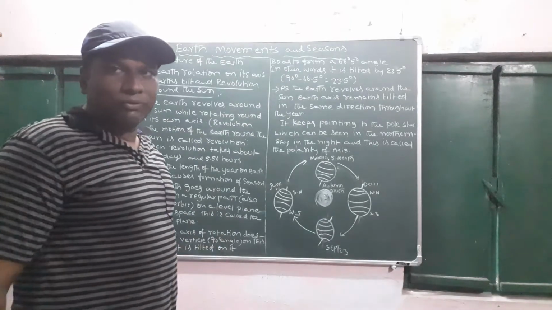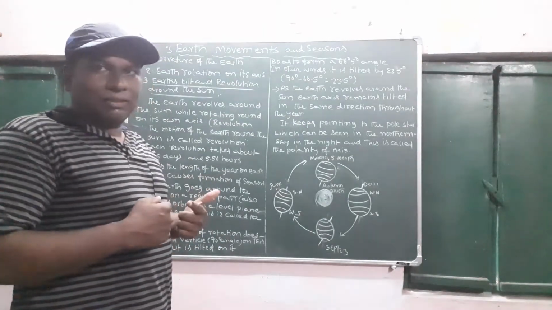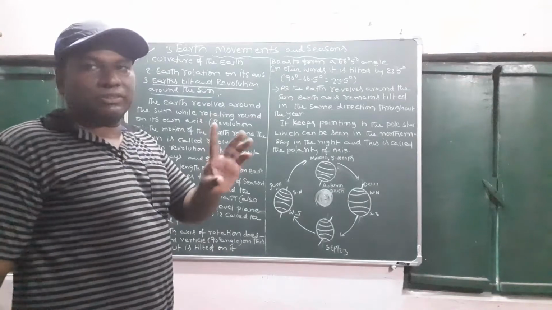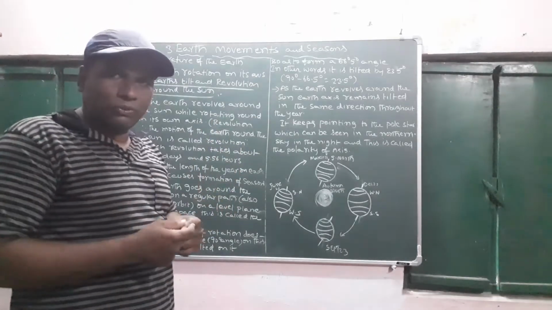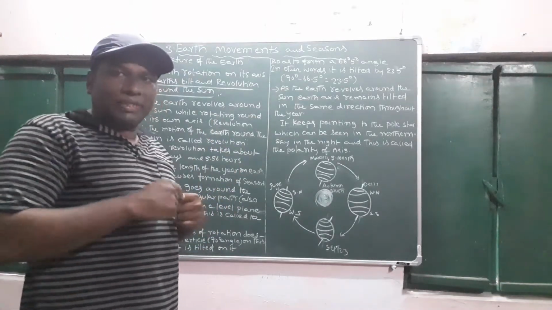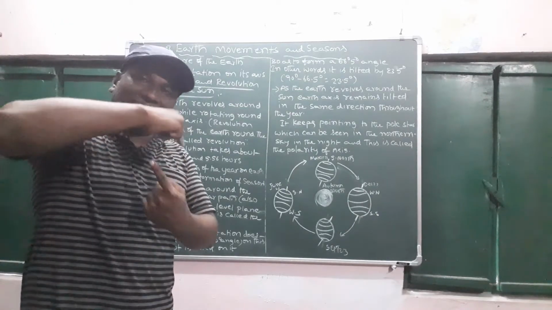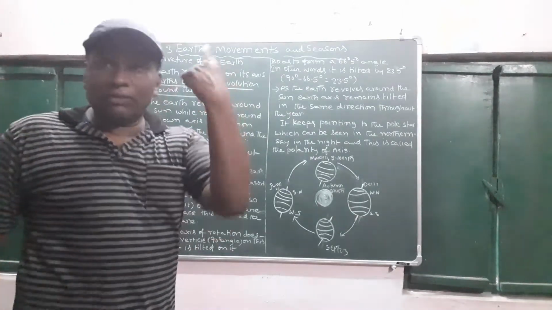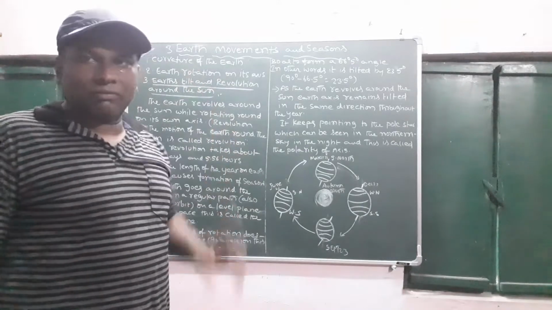What does it mean? If you know, per one rotation, how much time does it take? 24 hours. Just now I explained, earth moving on its own axis takes 24 hours to complete one rotation.